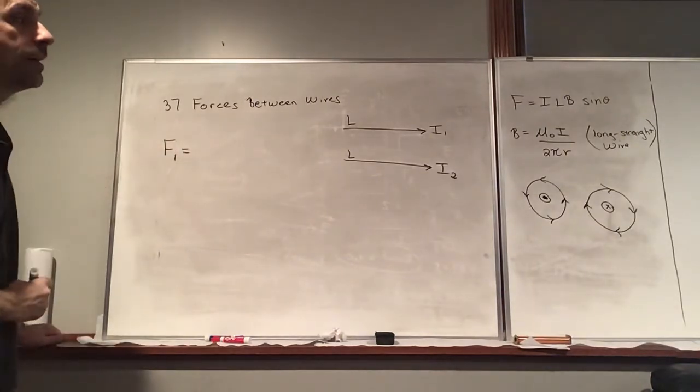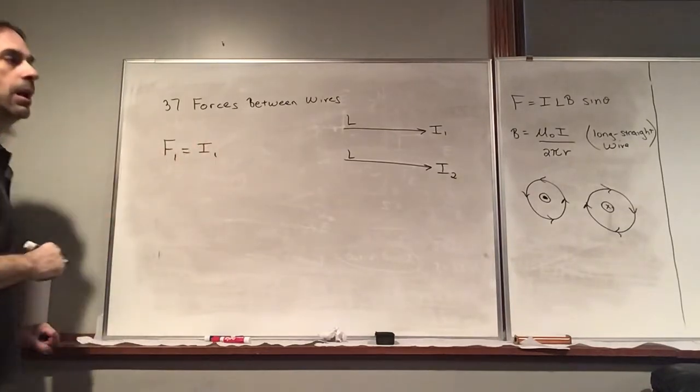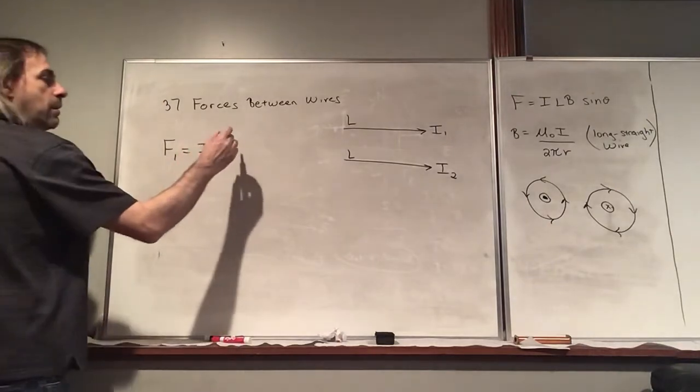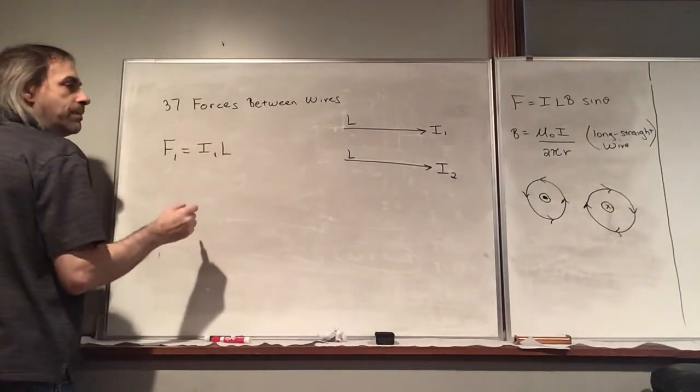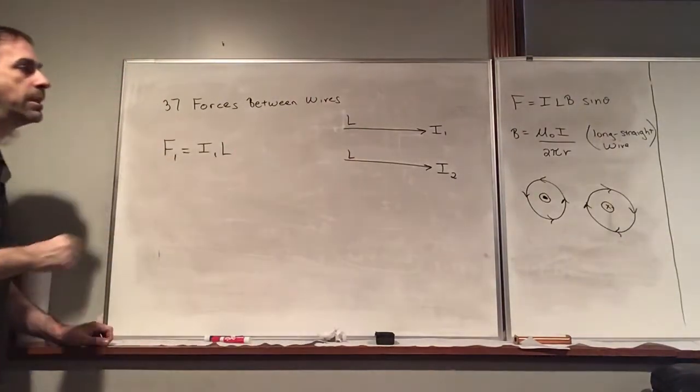Let's just start writing it down. This would be the current carried by wire 1 times the length of the wire. We could give them different lengths, but let's not do that.